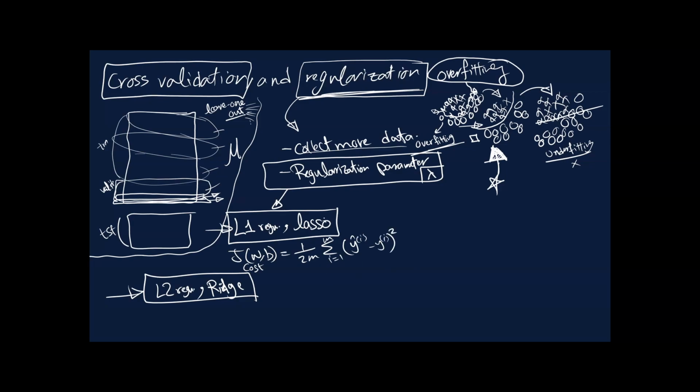The addition to our cost function would be this lambda term. Let's write it in a different color so that we see that this is added to the cost function. So that's lambda, and this is multiplied by the absolute value of the weights.